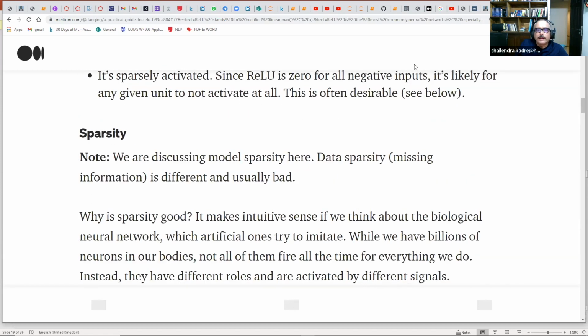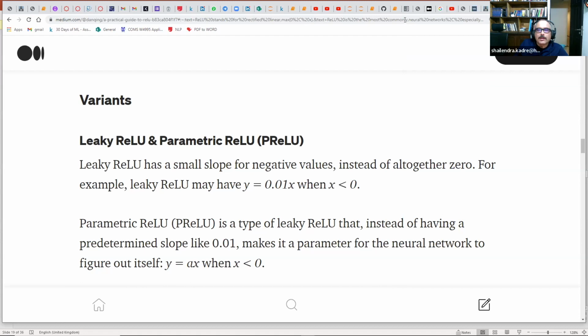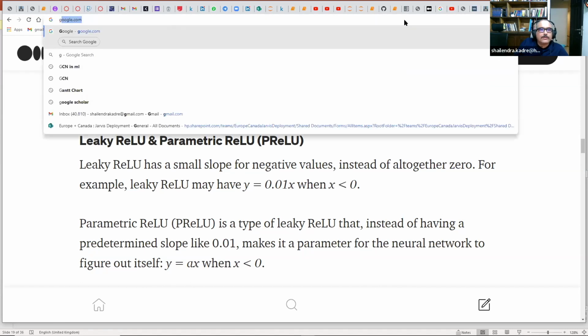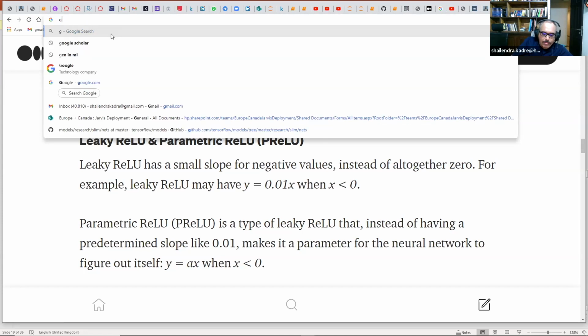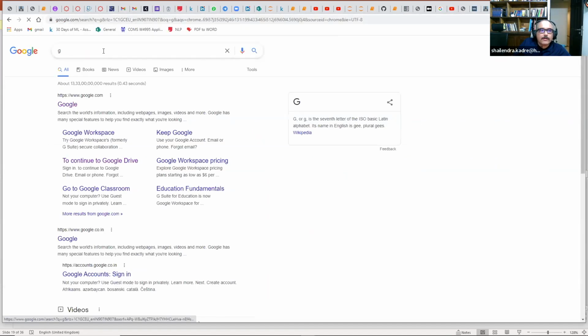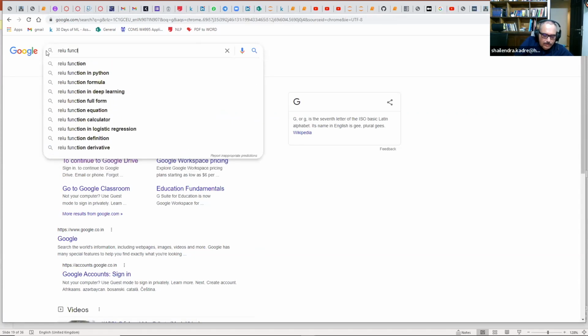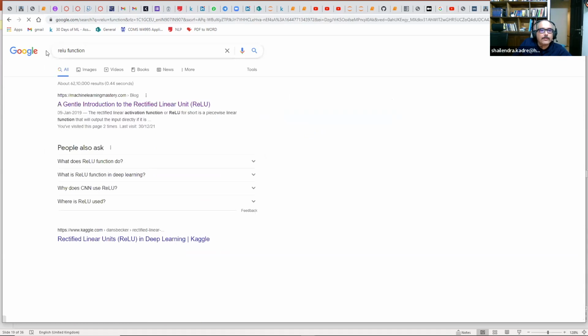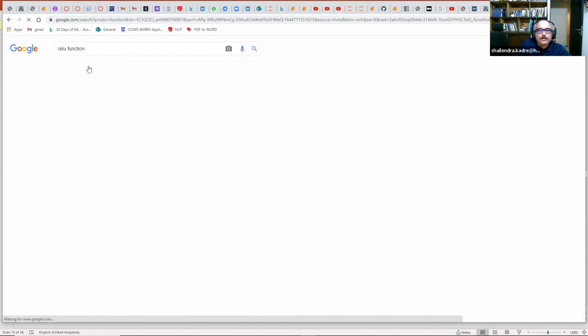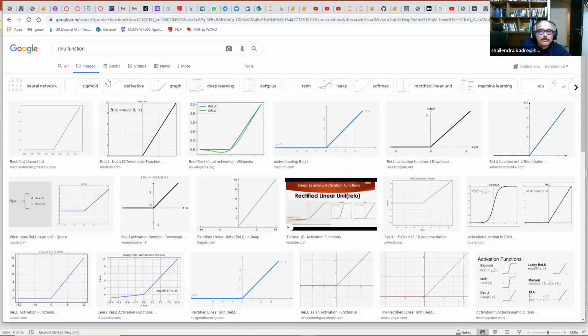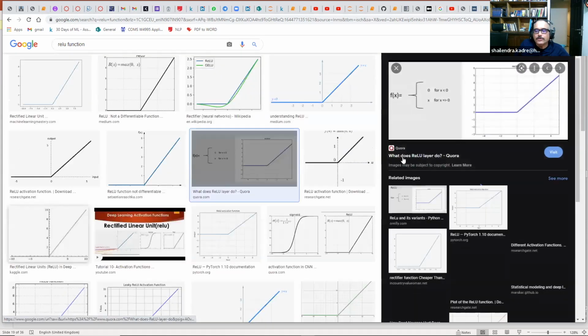So it is understood what the ReLU function is, but wait a minute, we'll see better. It's here, better. I want to show you in a better form. Yeah, here it is. This is what I wanted to show.